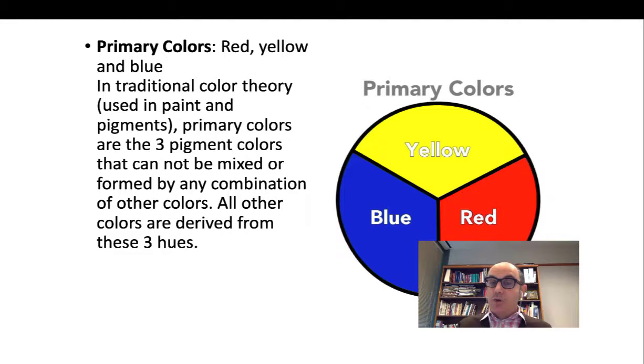And as a result, we often define what colors consist of. We have primary colors, which are red, yellow, and blue. In traditional color theory, primary colors are three pigment colors that can be mixed to form any other combination of colors. Those are the foundation of colors: yellow, red, and blue.